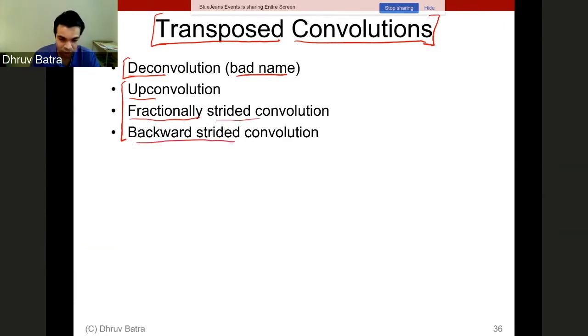And backward strided convolution is also something that you'll hear very rarely. But just be aware that when you hear terms like these, what we are actually talking about are transposed convolutions. And let's use that term. That is the formal term. Please do not annoy your signal processing colleagues by calling this deconvolution. Okay, so let's learn about transposed convolutions.